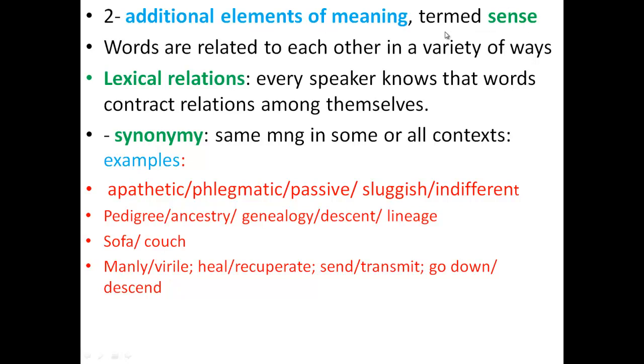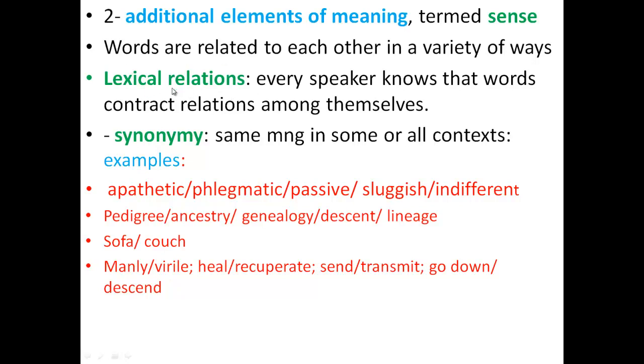Of course, when we try to identify the sense of words, we are able to relate words with each other. We are able to explain the relationship, the link that exists between words. So words are related to each other in a variety of ways, and this is what we mean by lexical relations.